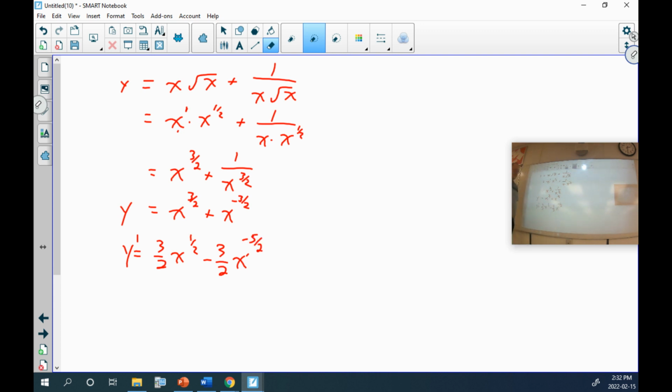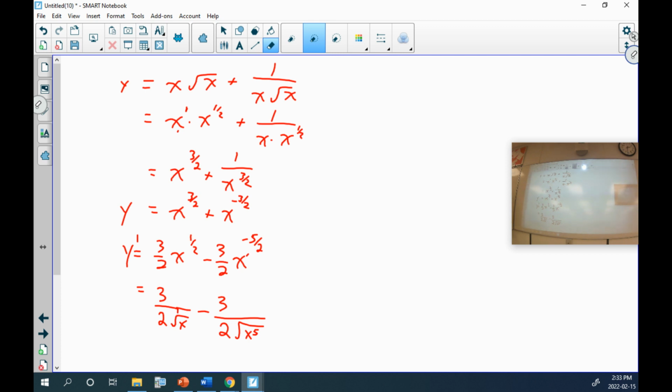So 1 less than 3 halves. Like I said, you can simplify that a little bit if you want. Another way of writing.